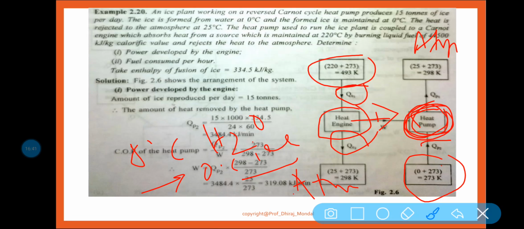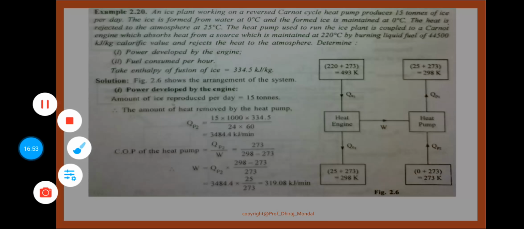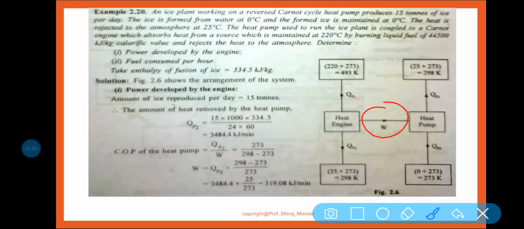So always remember QP2 amount of heat is removed from the system, and QP1 amount of heat is rejected to the surrounding. That's all. Clear? Now you need to find out how much work should be done, the power developed by the engine, so that this heat pump will be working spontaneously without any kind of disturbance.